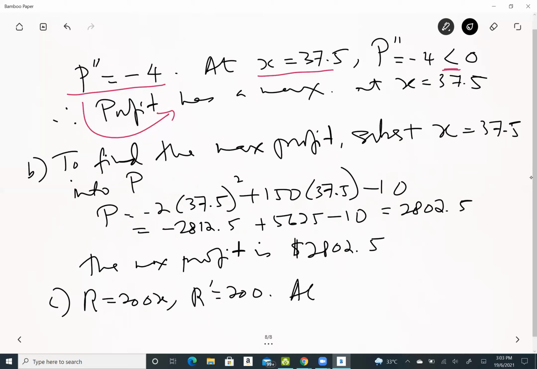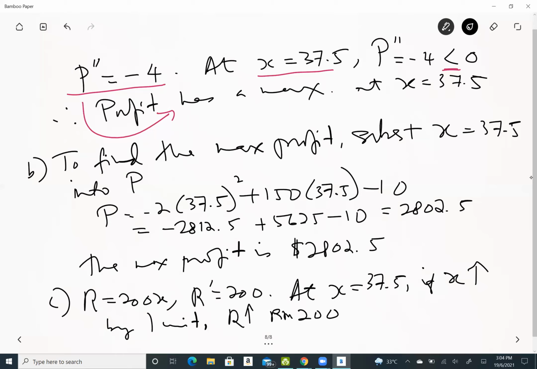So therefore what you say here is at x equal to 37.5, if x increases by 1 unit, or if we produce 1 more unit of output, revenue will increase by 200, or $200.